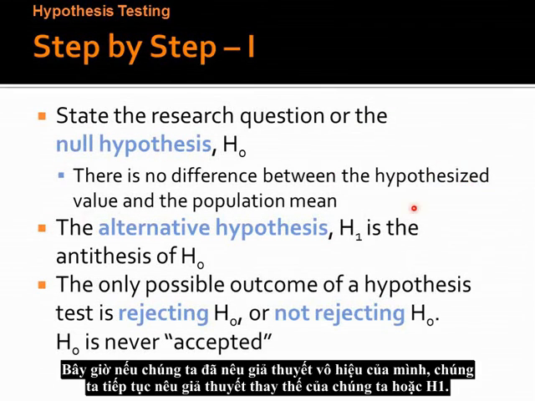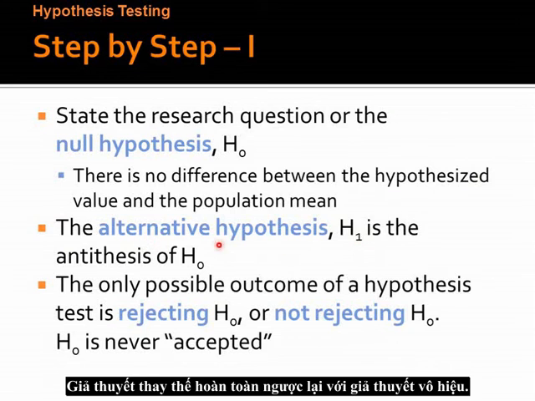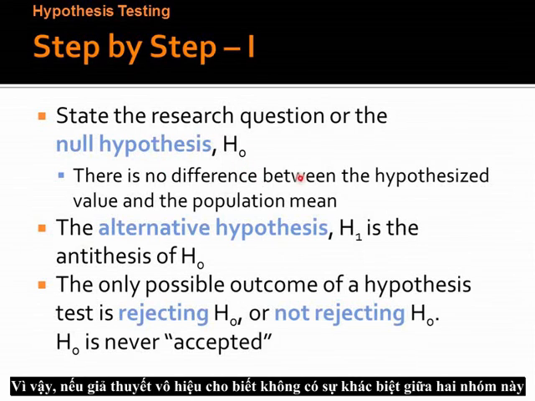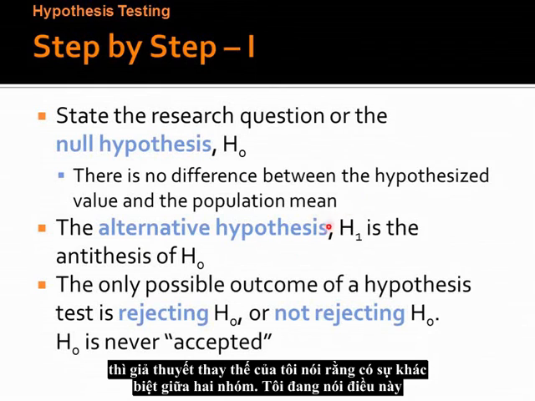Now if we have stated our null hypothesis, we continue to state our alternative hypothesis, or H1. The alternative hypothesis is the exact opposite of the null hypothesis. So if the null hypothesis says there's no difference between these two groups, then my alternative hypothesis says that there is a difference between the two groups.